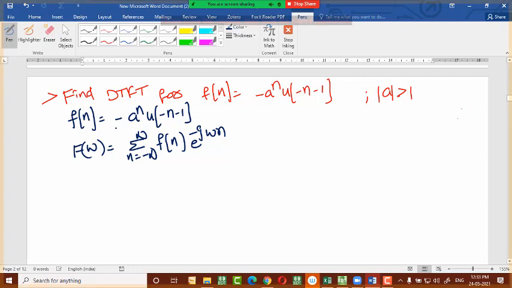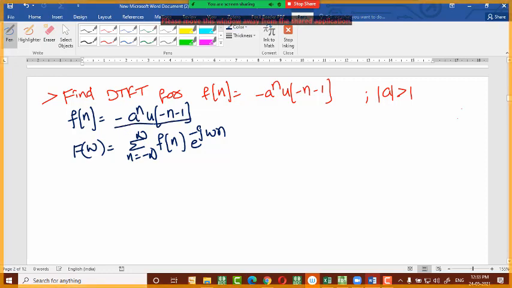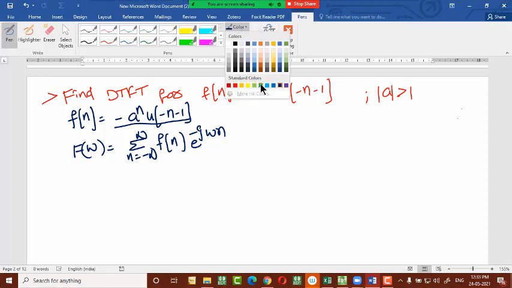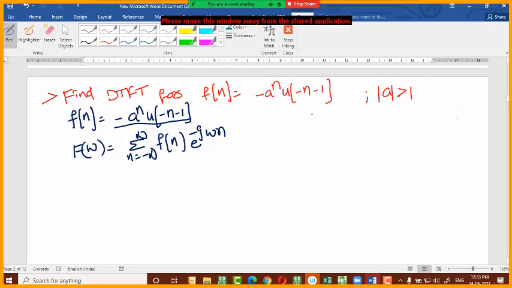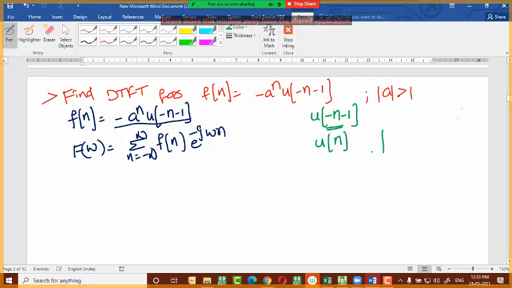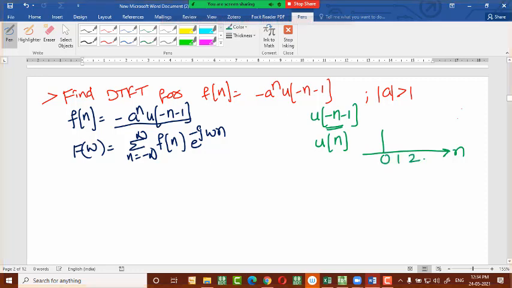So if you see the given signal minus a power n u of minus n minus 1, that depends upon this u of minus n minus 1 only. So first I will talk about this u of minus n minus 1, which we have to draw. What we know is u of n, which will be like this: 0, 1, 2, 3, amplitude is 1 on the right side.